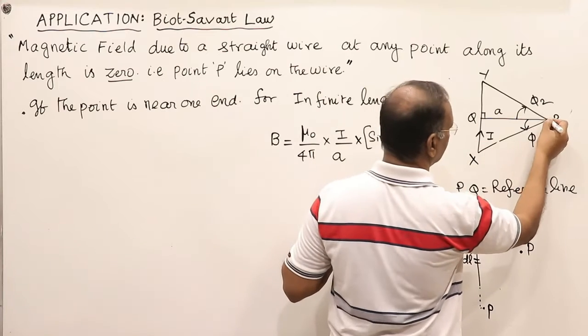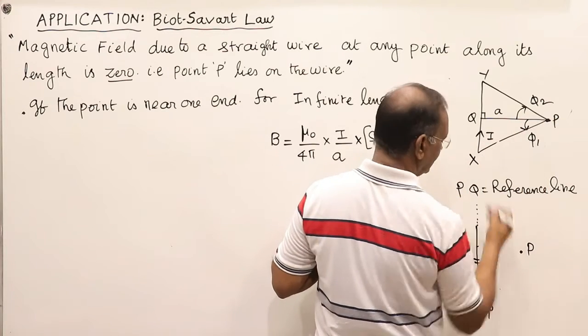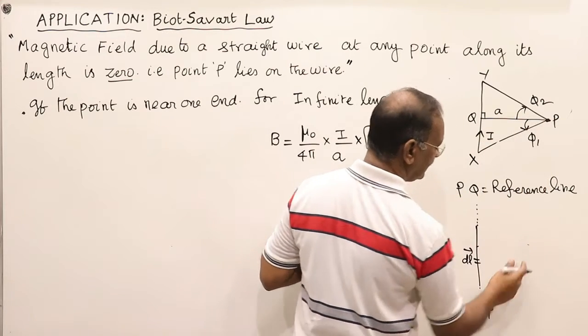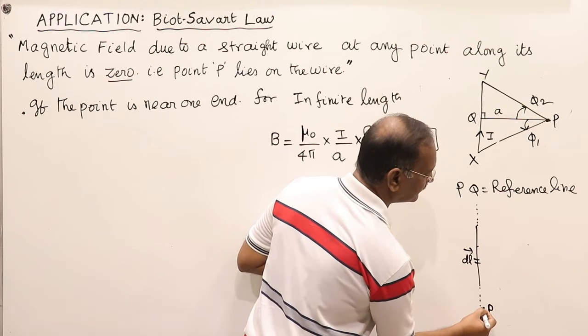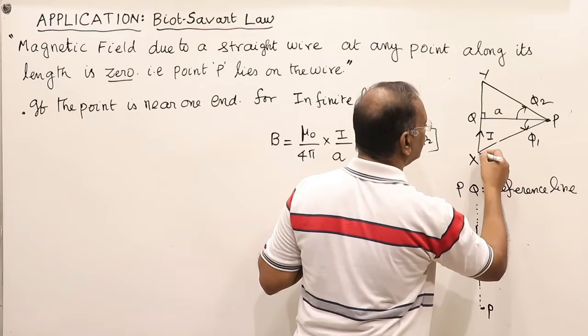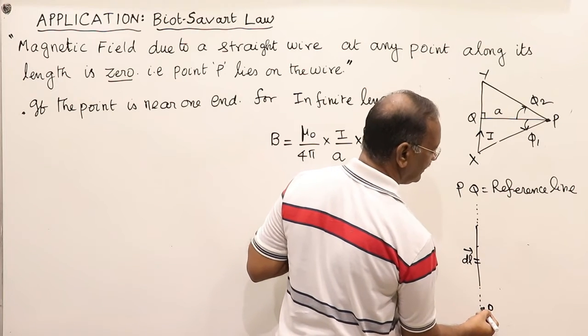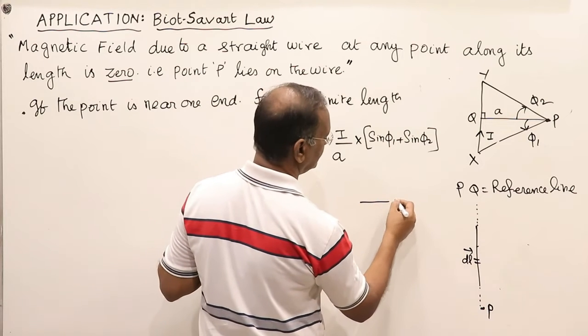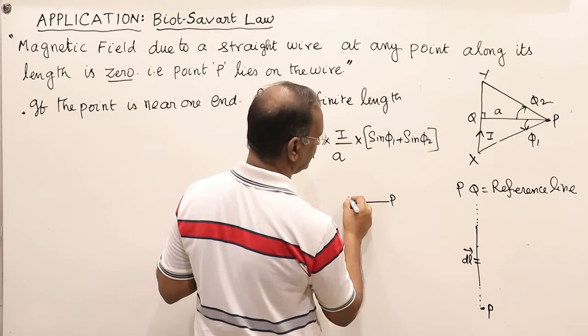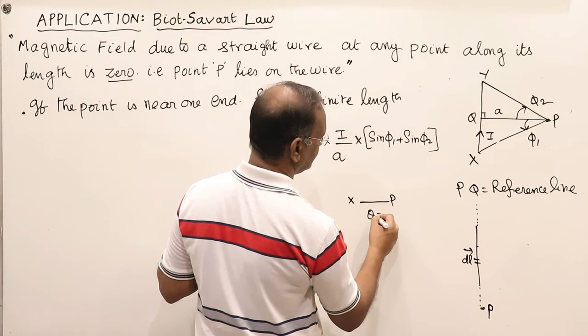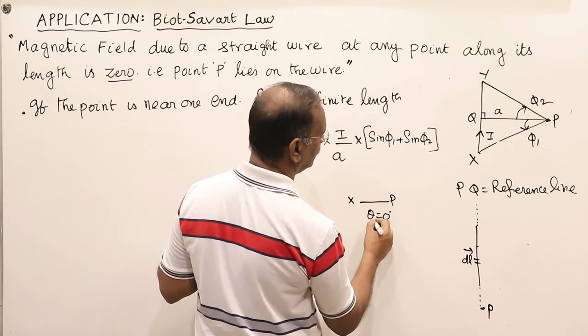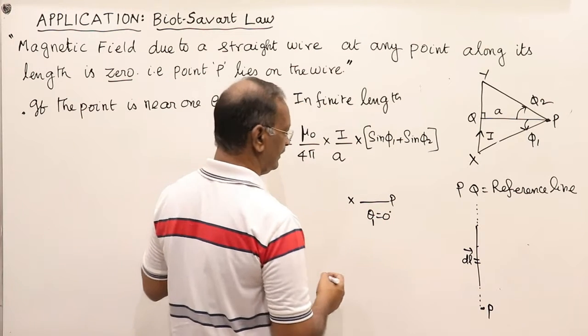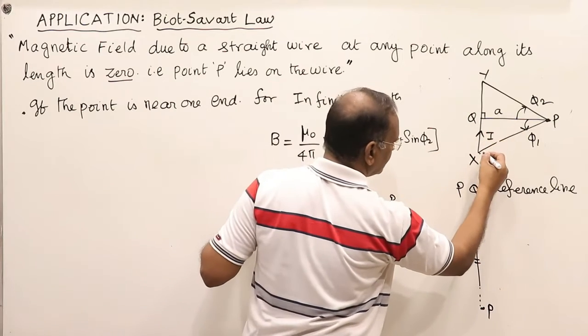See, this is the perpendicular. This point has come near here, and this is the line joining X and Y. What is this angle? If we enlarge, this is P, this is the X end, and theta 1 is equal to 0 degree, because the reference line has come here.